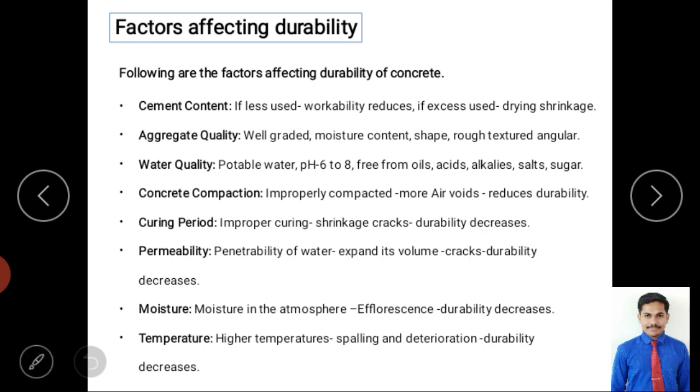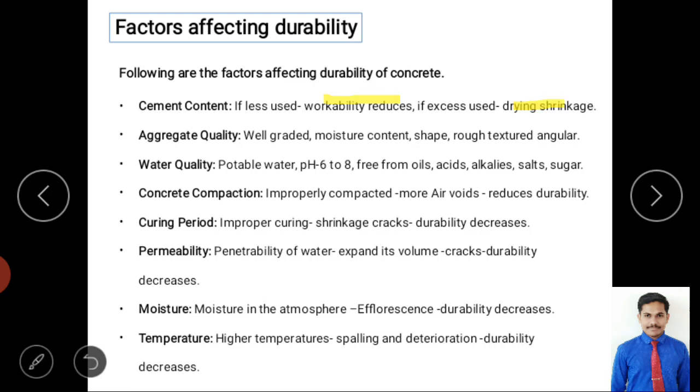If you use less cement in the concrete preparation, then workability reduces. We know workability means the concrete should be in such a way that it can be placed properly. But if you use less cement, workability reduces, and if you use more, it causes drying shrinkage.